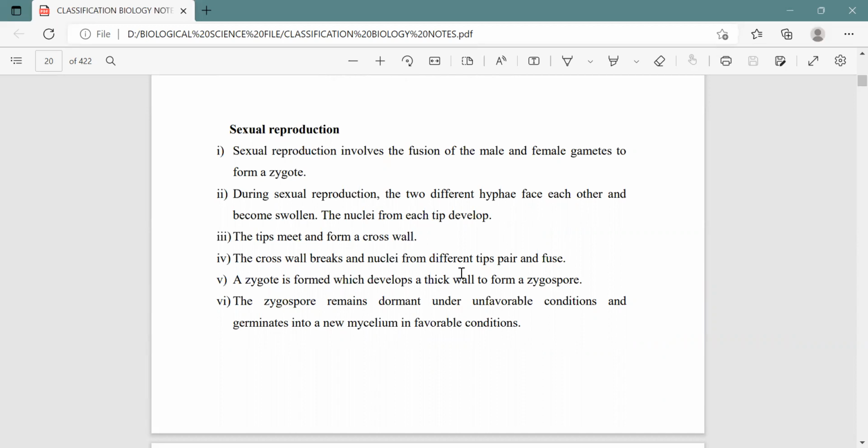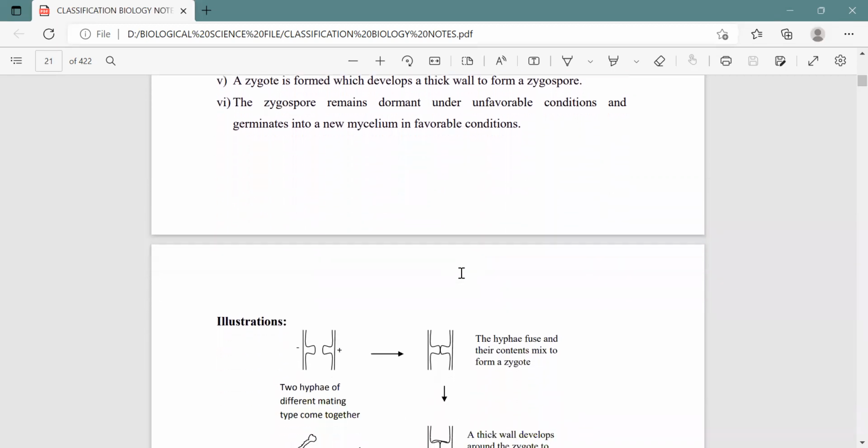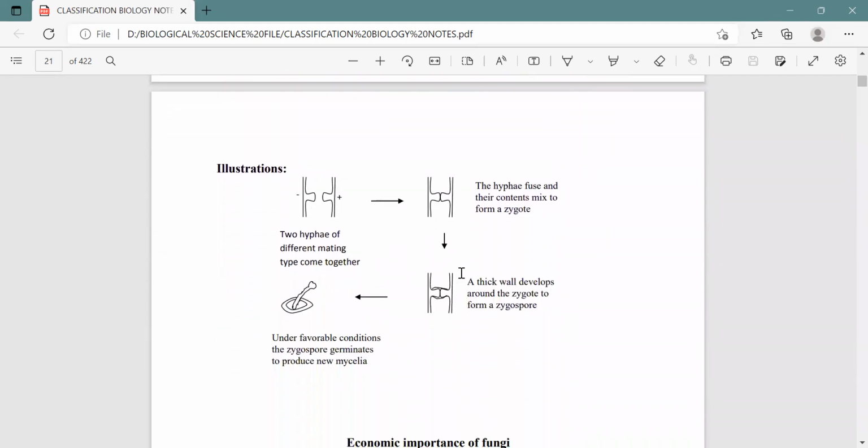So sexual reproduction also occurs in the fungi by the male part fusing with the female part. I may not want to call it fertilization, but it is a kind of conjugation, where the male and female unite to form a kind of zygote.